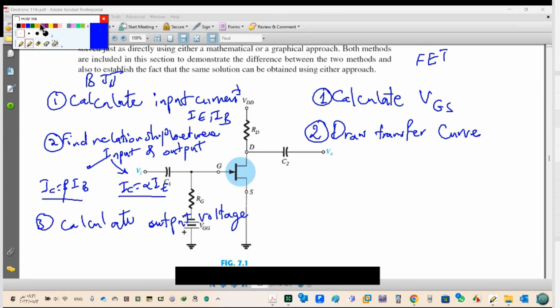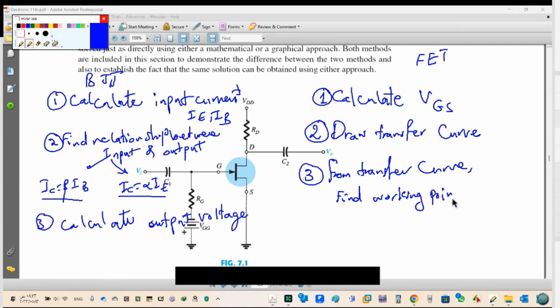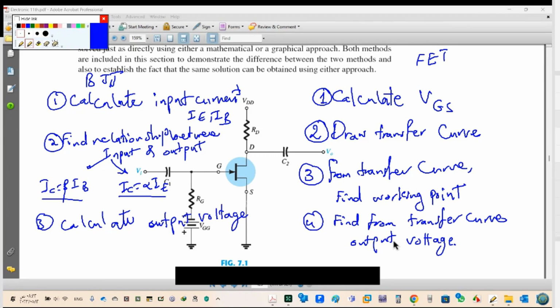Here it's the same thing, but we don't have this formula. So draw the transfer curve. Third, from the transfer curve find the working point. Fourth, find from the transfer curve the output voltage. These are the steps.